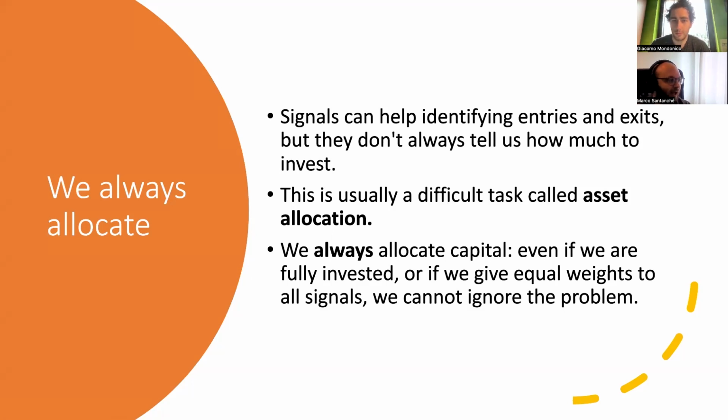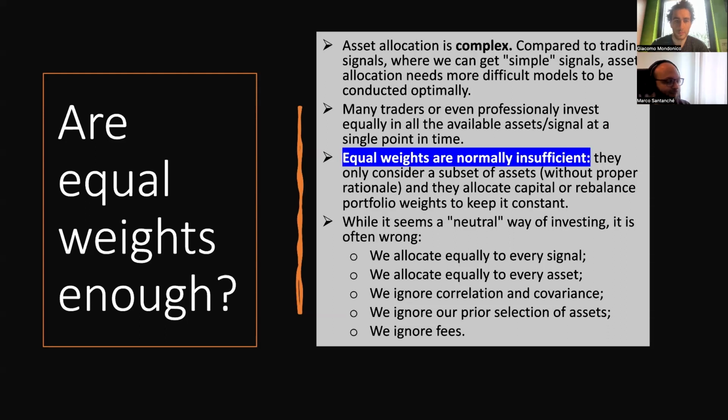We cannot avoid asset allocation because even if we do the simplest possible model, being fully invested into a single asset, we're still making an allocation decision, and this decision will probably impact the performance much more than the signals. Many traders or investors think that we can allocate capital equally across all assets and invest, including their trading signals, models, or anything else, independently from each other.